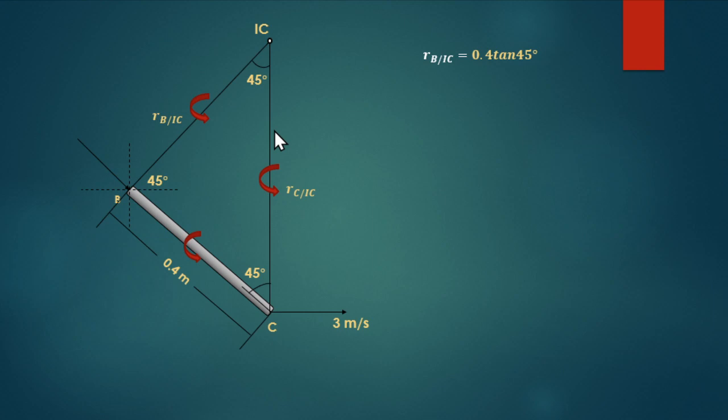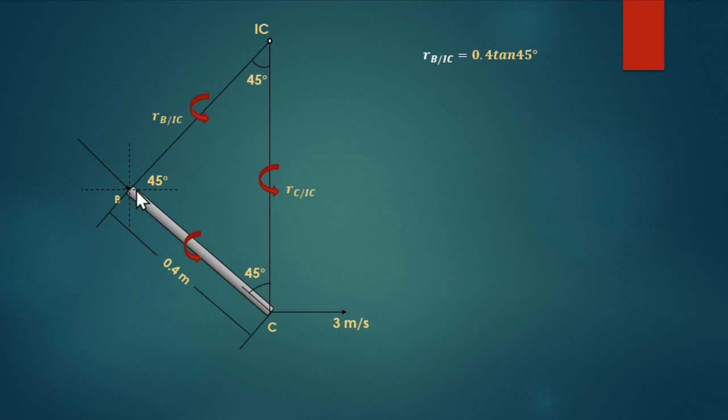So by using a trigonometric function, tan 45, we can get the distance between points B and IC. Tan 45 is equal to RBIC over 0.4, where RBIC is the opposite side. This is a right triangle, right?